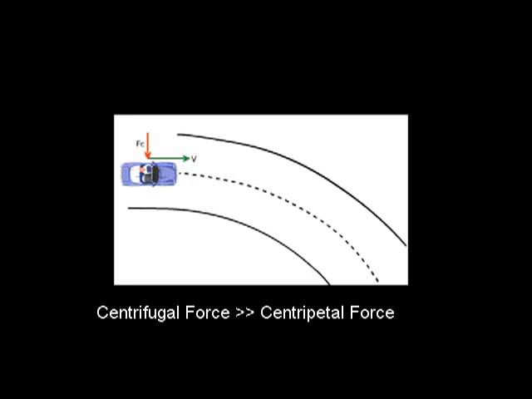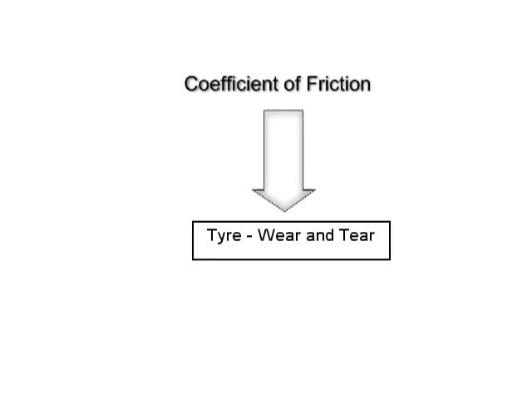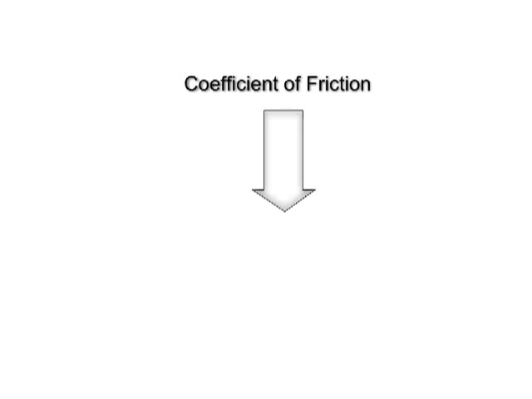Now, this method of increasing the safe speed by increasing the coefficient of friction is not an advisable method, because in order to increase the coefficient of friction, if you make the road rough, then the coefficient of friction will definitely increase, but that rough road will cause wear and tear of the tires, and that coefficient of friction mu may not remain constant.